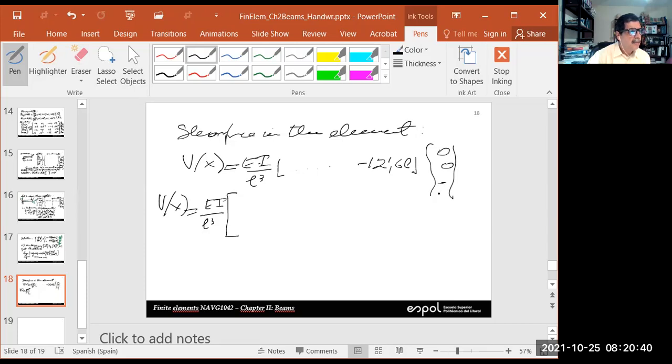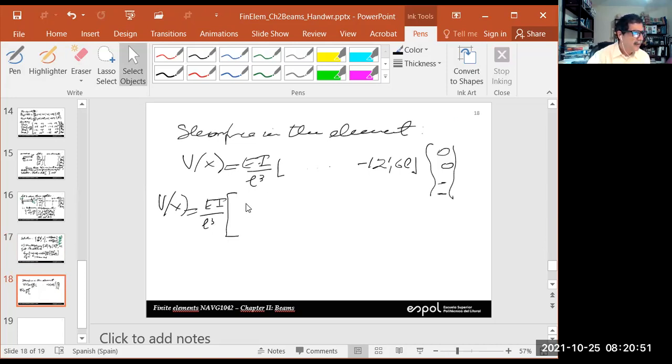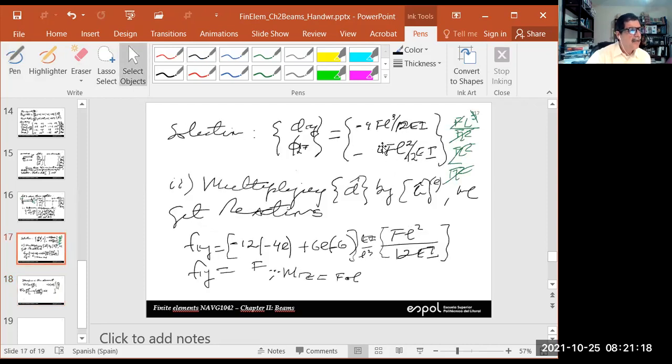So V at X is going to be EI over L cubed. And the two displacements here are already calculated in the previous slide. Here, I have minus 4 L cubed over 12. So I have minus 12 multiplied by minus 4 F L cubed over 12 EI, plus 6L multiplied by phi 2 here, minus 6 over 12.